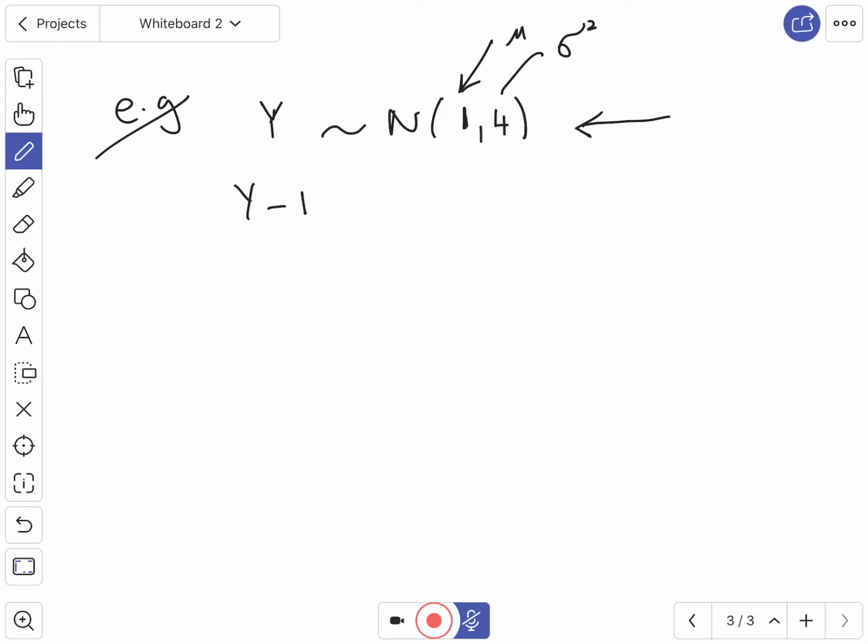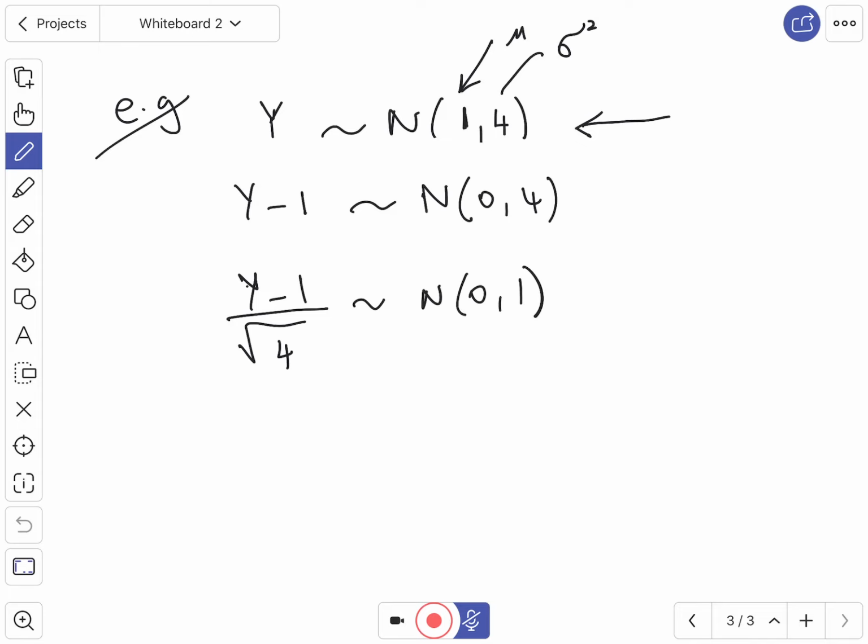So y minus 1 has a distribution of normal 0, 4. The next step, I have to divide by the variance or the standard deviation, right? So y minus 1 over the square root of 4 has a normal 0, 1.